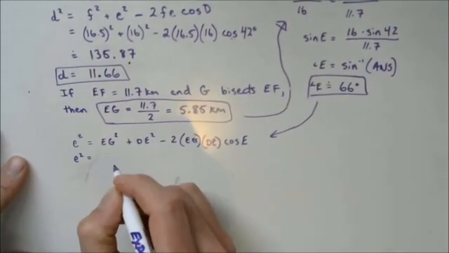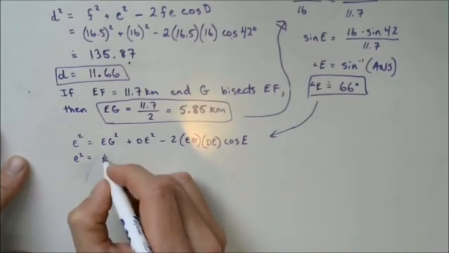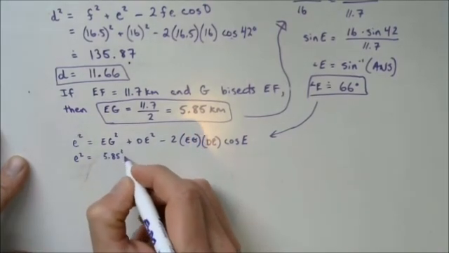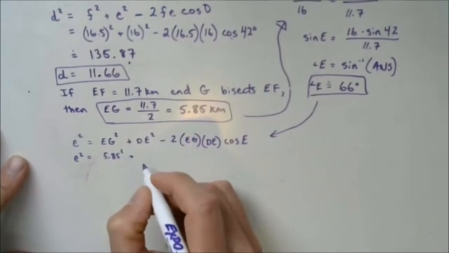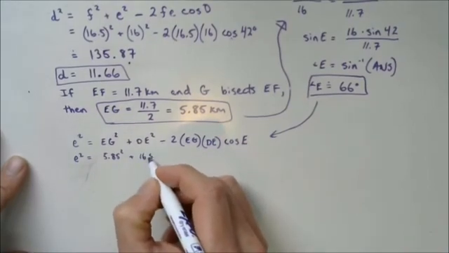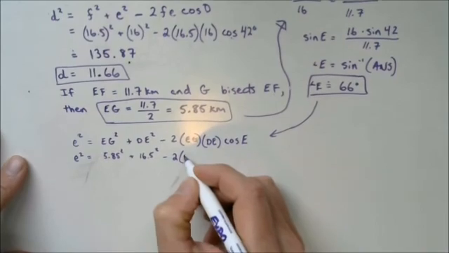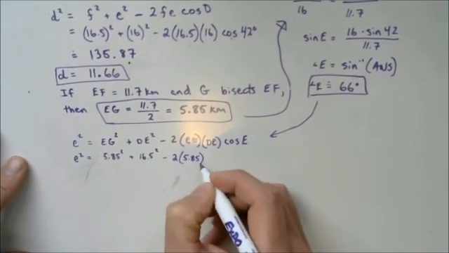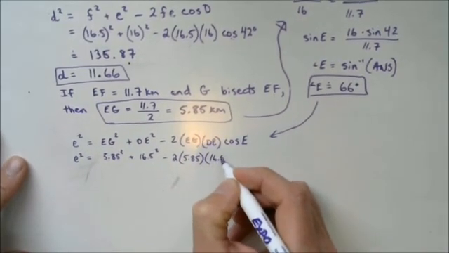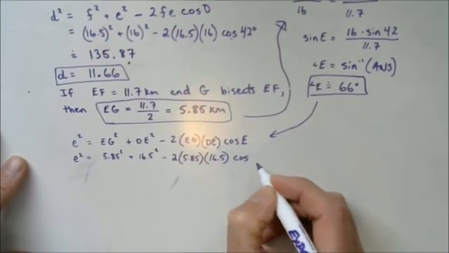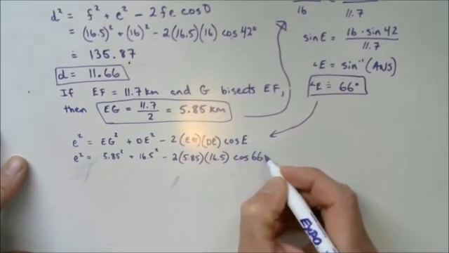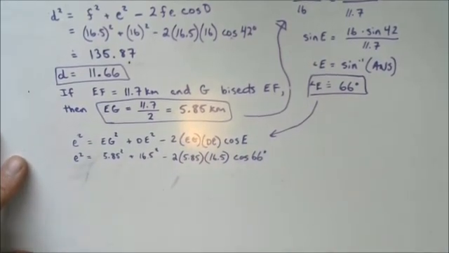E squared is equal to, EG was 5.85 squared, DE is 16.5, square that, minus 2 times 5.85 times 16.5 times the cosine of angle E, which we just found out was 66 degrees.